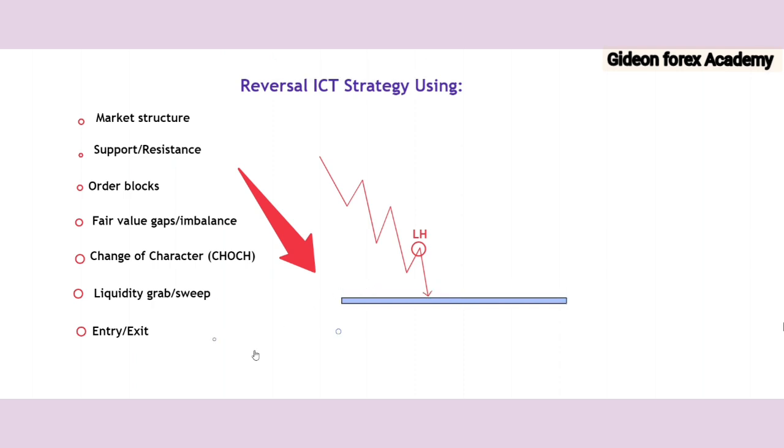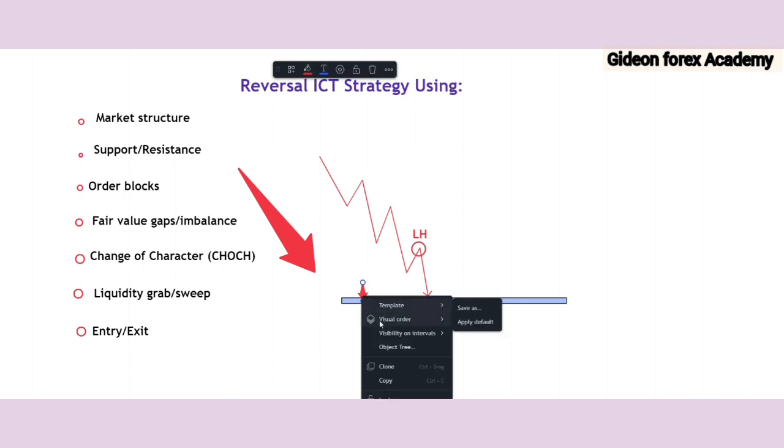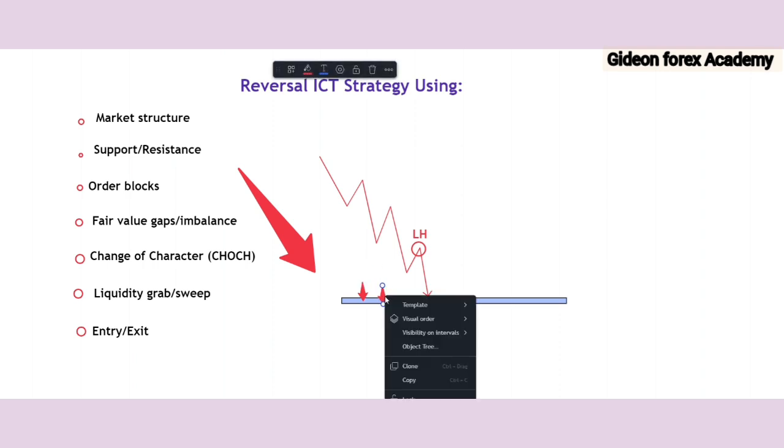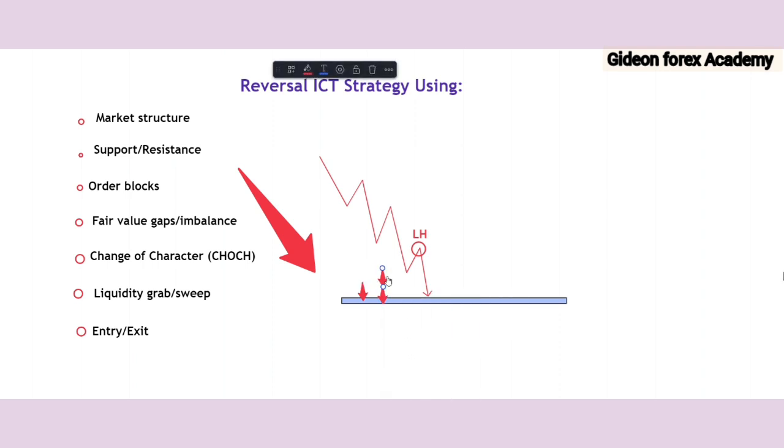Support is where the price has tried several times and failed to break below. So that becomes our support area. When you draw your support, make sure that it has been tested at least two times.